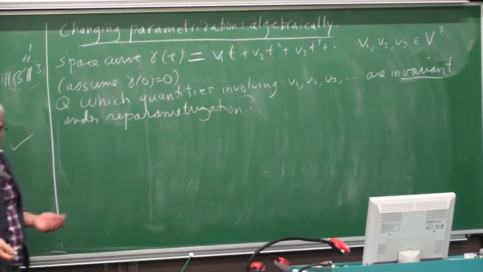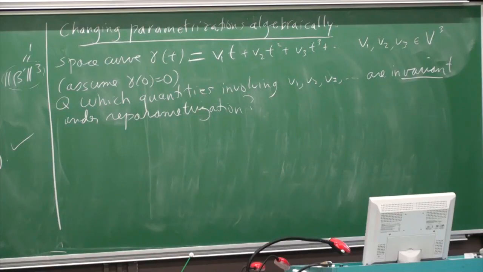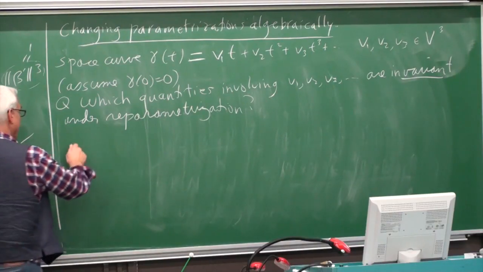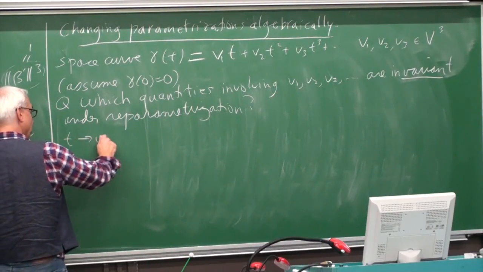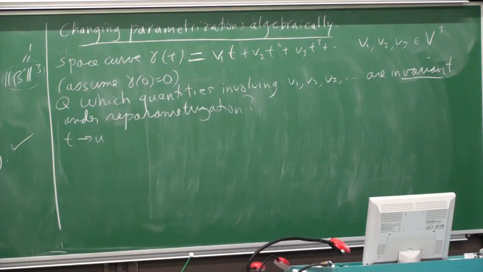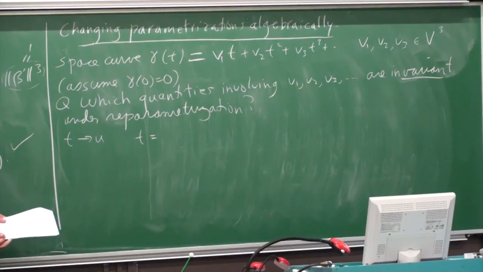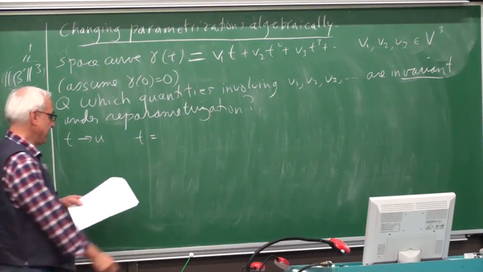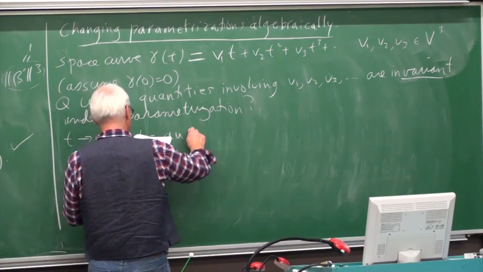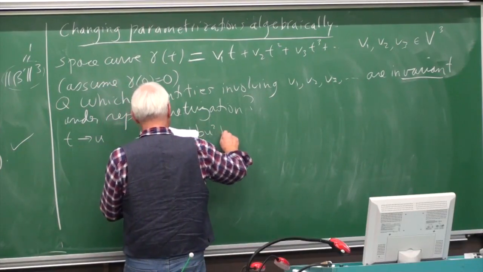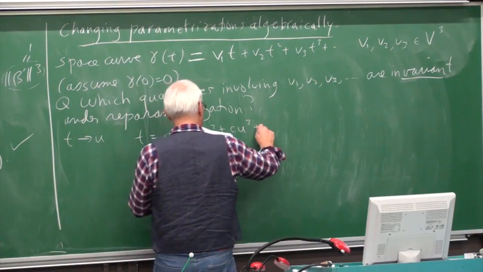Well, what kind of reparameterization are we considering? Well, we have some other parameter, say u. So we're going from t to u. And the relationship between t and u might be rather complicated. Let's say that it's expressed in another polynomial relation, that t is equal to, say, a times u plus b u squared plus c u cubed, and so on.